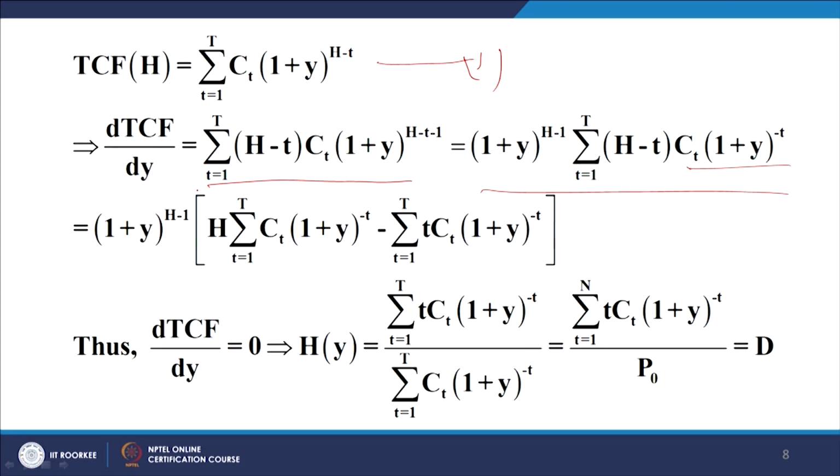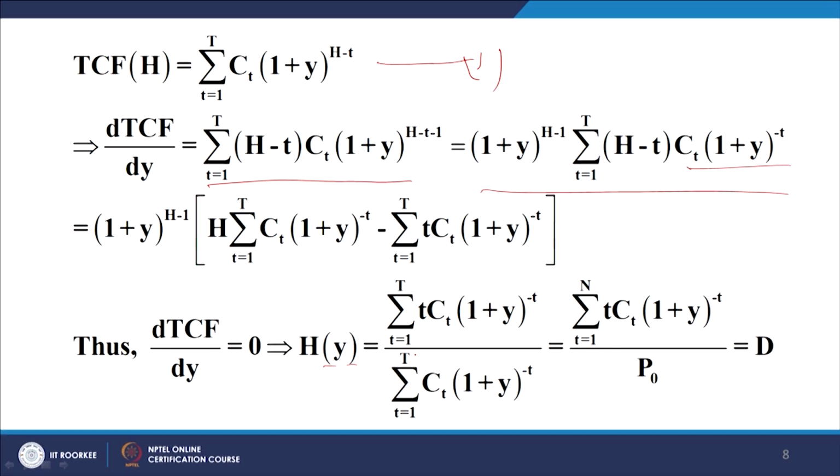When I simplify this expression within the square brackets, what I get is H is equal to H. In brackets I have written y because H is a function of y, but it is the holding period basically. H is equal to this expression, which is summation t c t (1 plus y) to the power minus t divided by summation c t upon (1 plus y) to the power minus t.